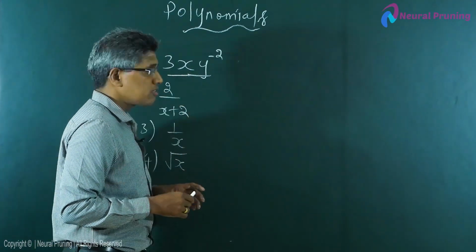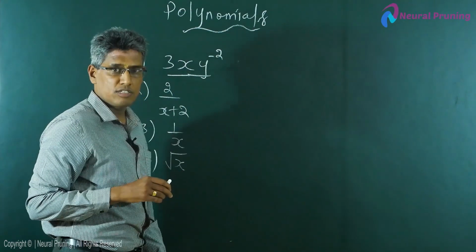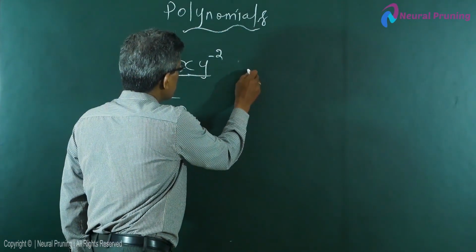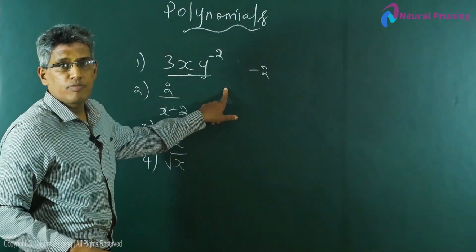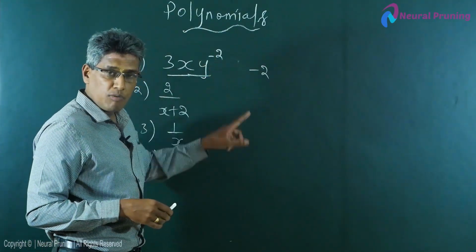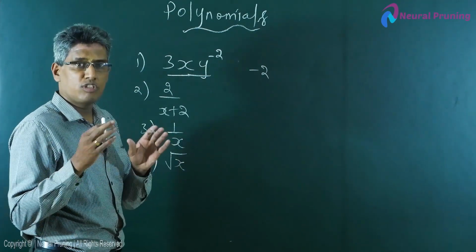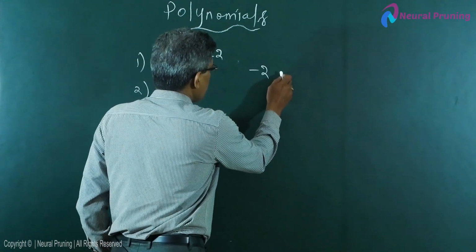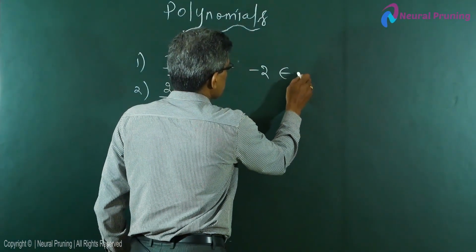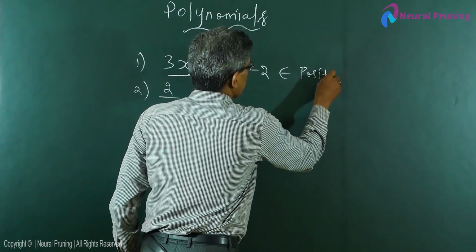But as far as the exponent or power of variable y is concerned, we have minus 2. All of you be aware that the powers or exponents of any variable associated with a polynomial must belong to the set of positive integers.